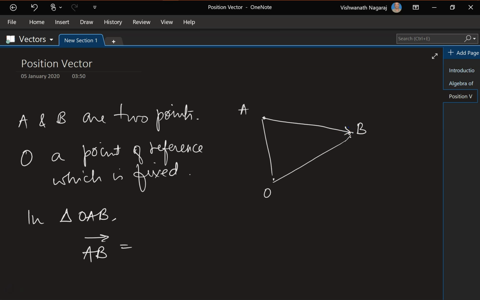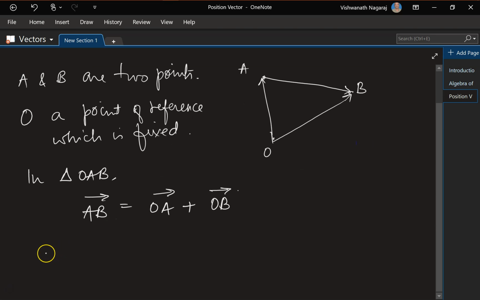AB is equal to OA plus OB. If we just talk in terms of points A and B, it becomes difficult to do much manipulation.